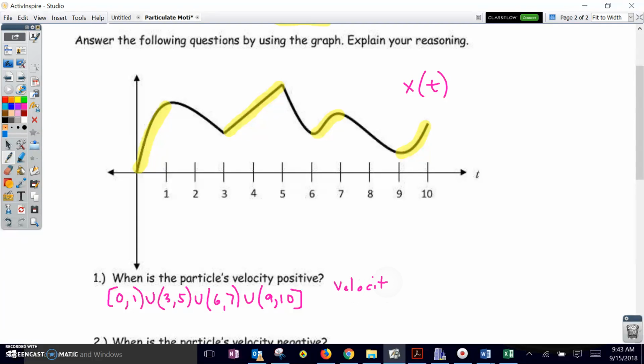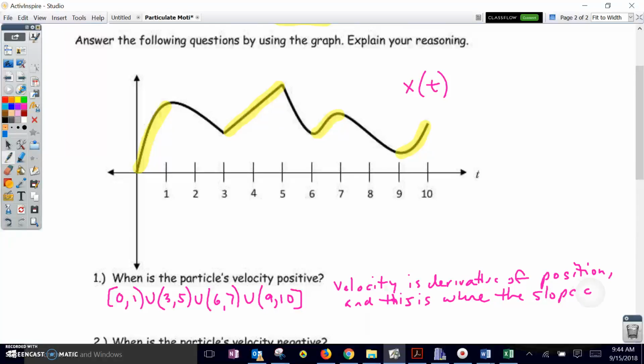Velocity is the derivative of position, and this is where the slope of the position graph is positive.